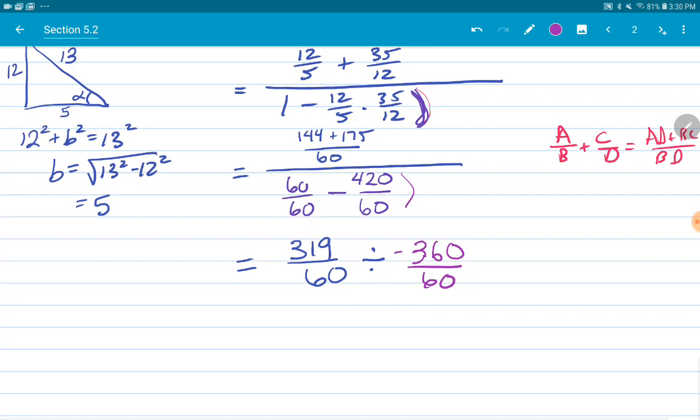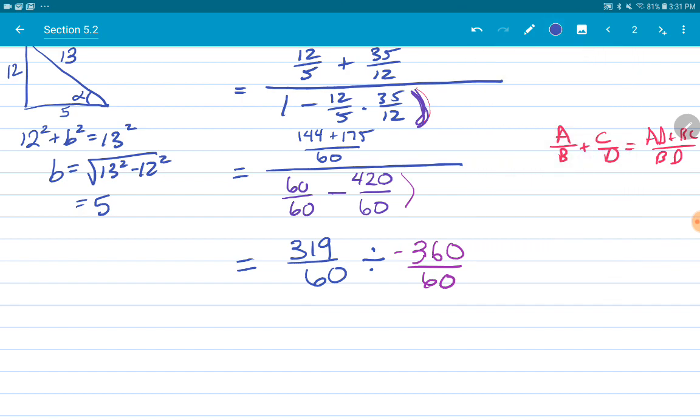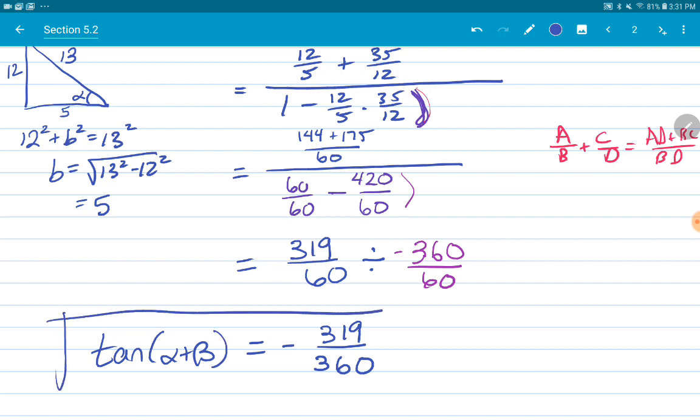And then when I flip the second and multiply, my denominators cancel, and I end up with a negative 319 over 360, and that is the final answer. So that is tangent of alpha plus beta given our parameters from the beginning of the problem.